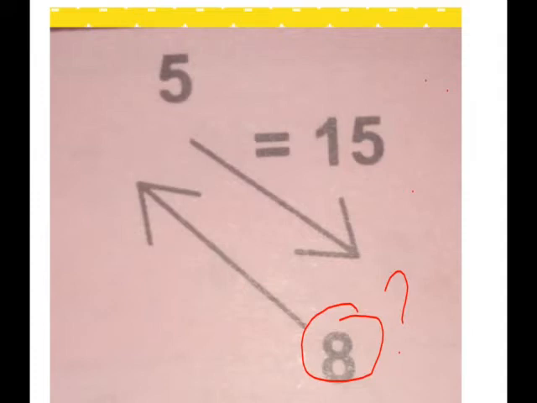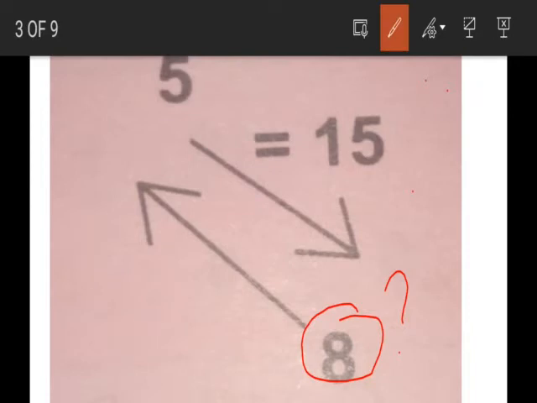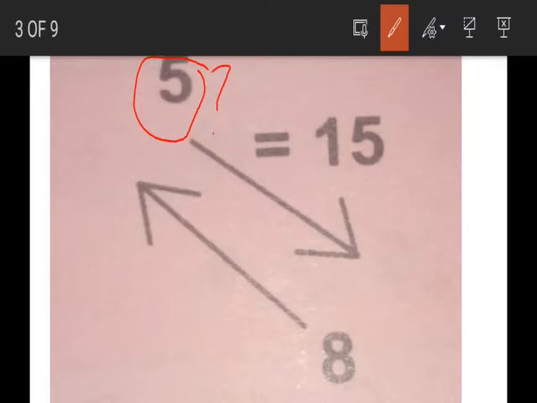Alright. Let's consider the other example. Assuming 5 was not given, how can we get the value of 5? Remember, I said the factors of 15 we are using are 3 and 5.